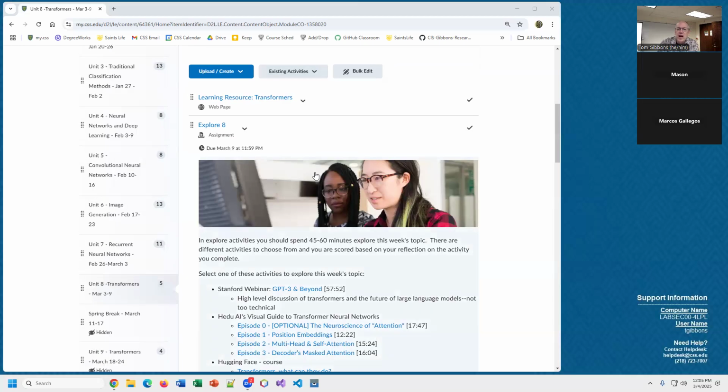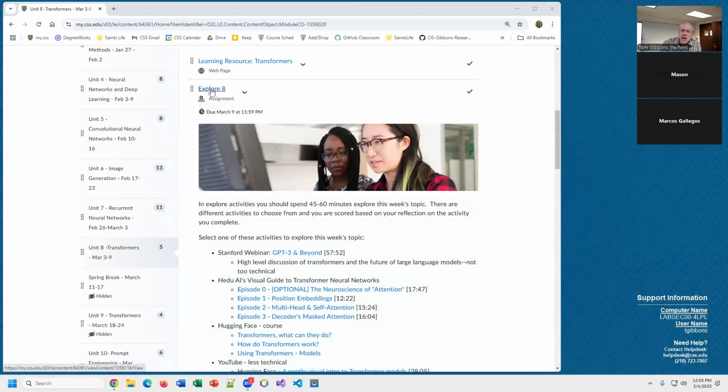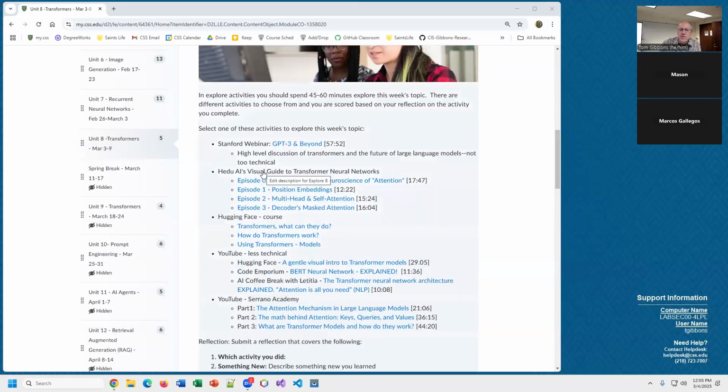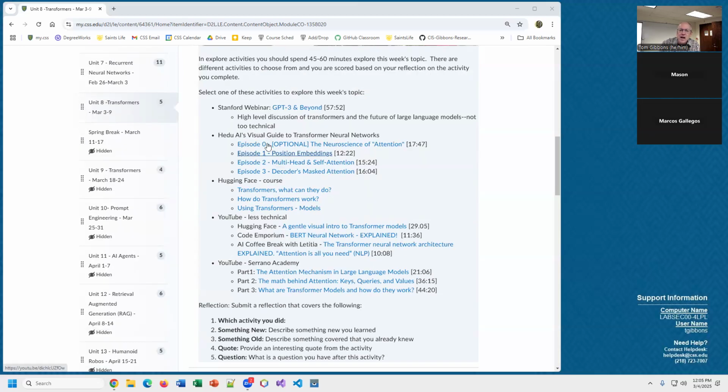So this week we have a couple things. Explore 8: you can look at some different options here. Stanford did a nice high level review of GPT-3 and beyond at one point. They have a webinar walking through it at a high level, not down at the technical level like MIT sometimes gets. Again, this is getting at newer stuff, so I don't have great courses on it sometimes.